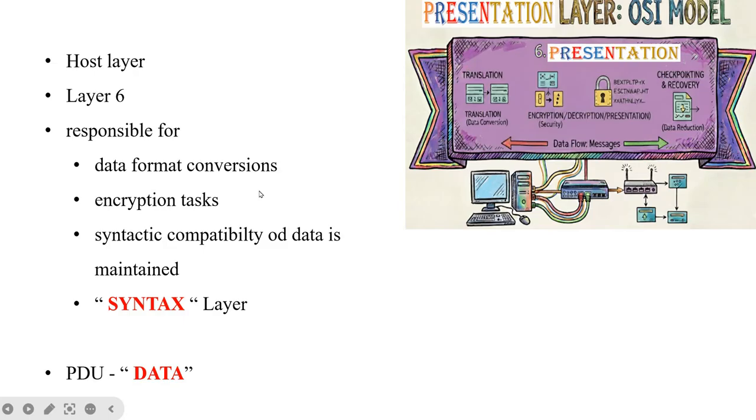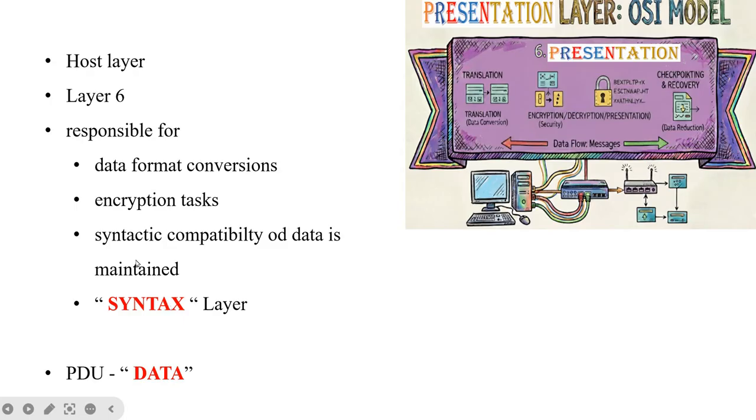Next is the presentation layer. This is layer 6 of the OSI model. It is also a host layer, and it is responsible for data format conversion and encryption tasks, such that the syntactic compatibility of the data is maintained across the network, for which this layer is also known as the syntax layer.